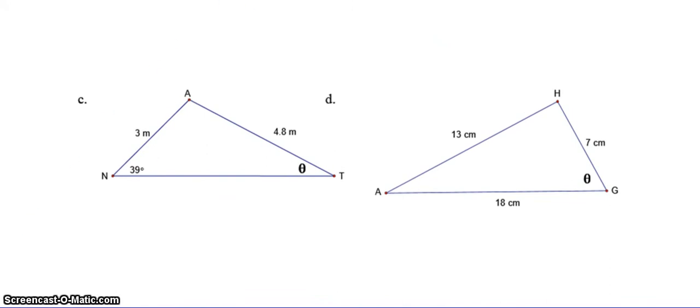Alright, now we get into the sine and the cosine law. So this one here is solved using the sine law. And you use sine law, if you remember, if you have side-side-angle, angle-side-side, or angle-side-angle. Those are the three cases you use sine.